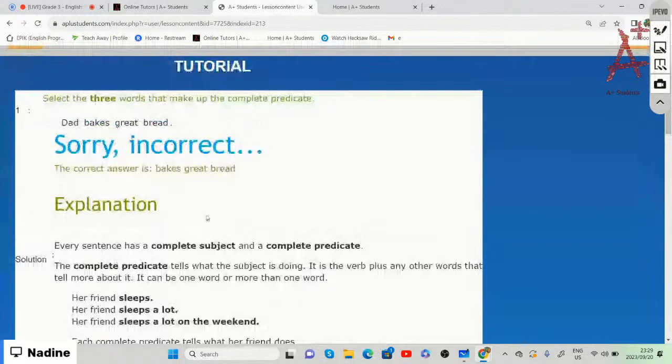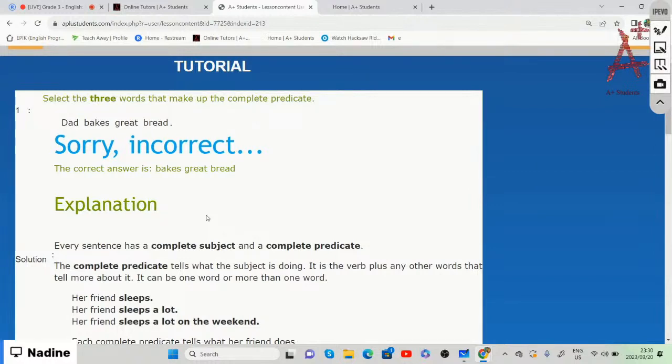We need to select 3 words that make up the complete predicate. Dad bakes great bread.